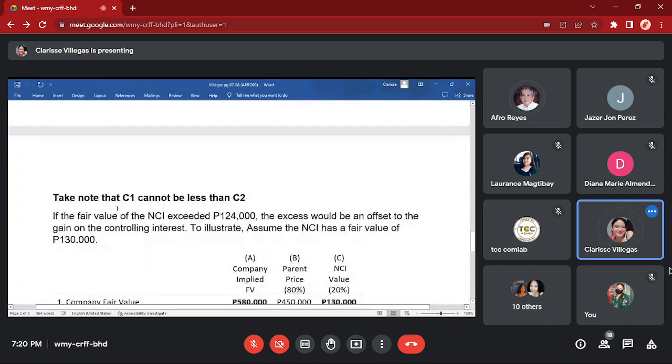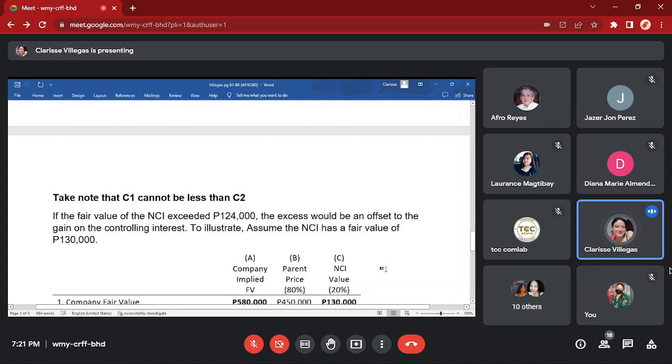Take note that C1 cannot be less than C2. If the fair value of the NCI exceeded 124,000, the excess would be an offset to the gain on the controlling interest.